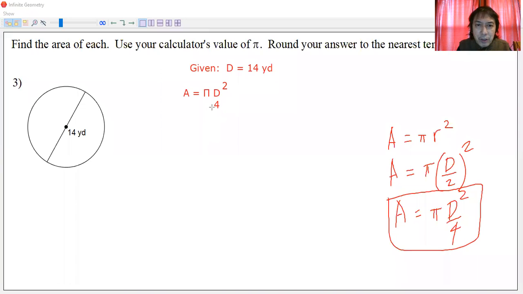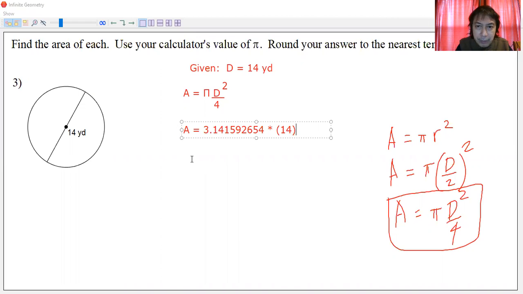And of course, this is d squared divided by 4 like that. Okay, and so this is our working formula. Use now the data that we have. Area is pi times d squared over 4. So this will be the value of pi times d squared, that's 14 squared.